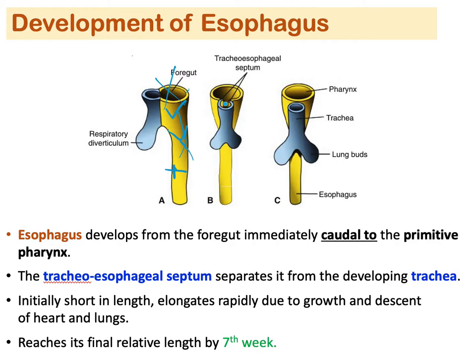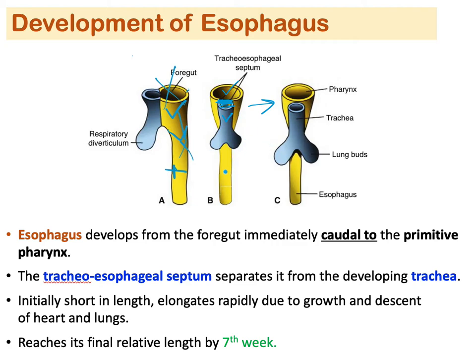At the beginning, the trachea and esophagus are open to each other, but this opening or slit should be closed by a septum called, from its name, the tracheoesophageal septum. This is the septum that should be closed in order to get this view, right? So it should be closed by the tracheoesophageal septum.